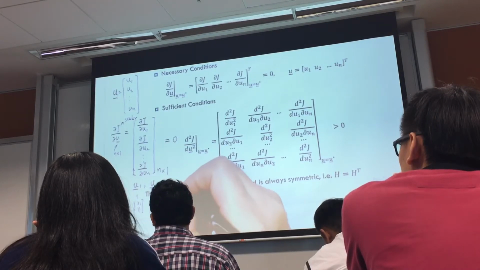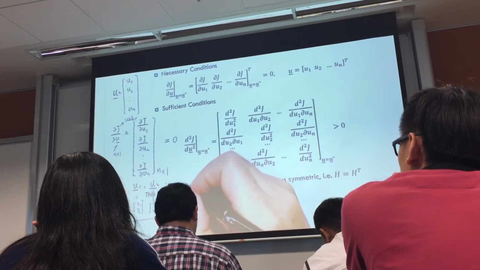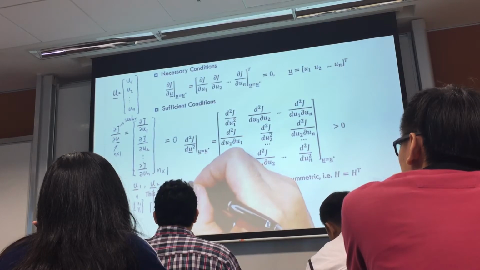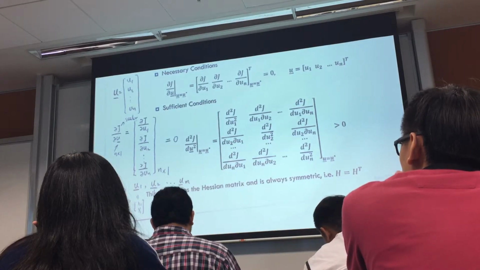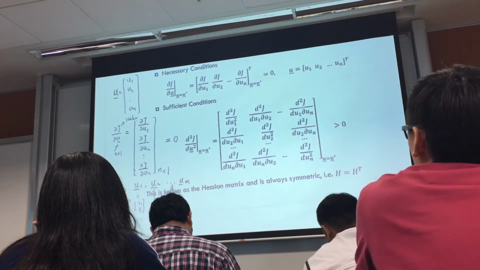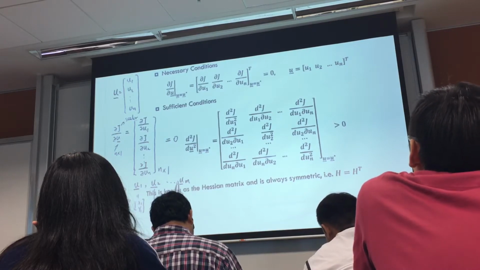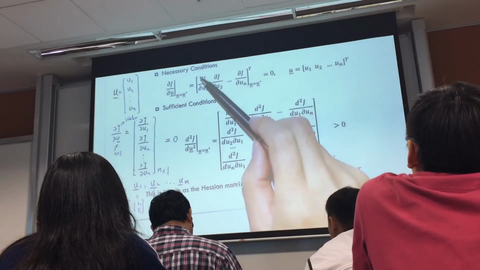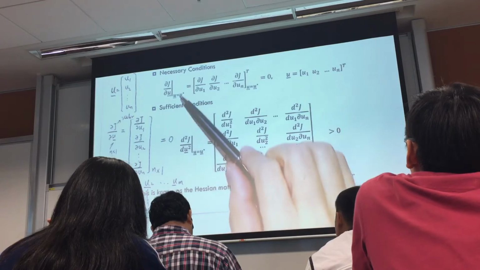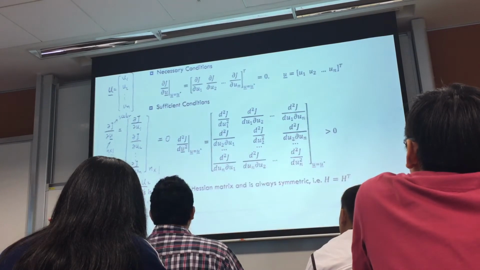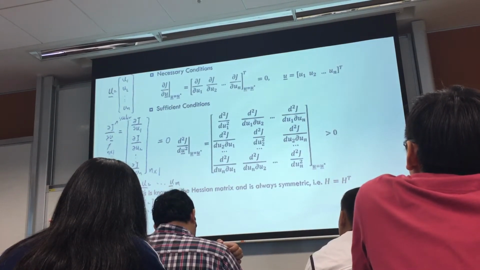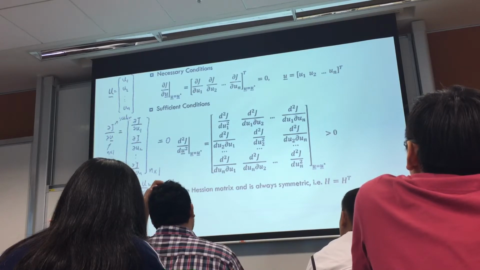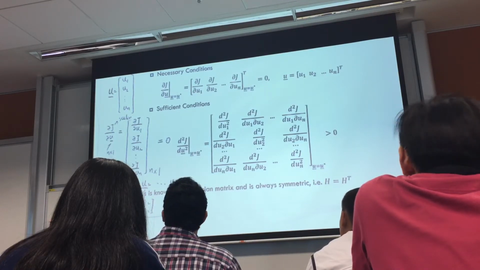So this may determine a set of, for example, up to m potential minimizing solutions from the necessary condition. Next, we can evaluate the sufficient condition to determine which one of the points is really a minimizing solution.